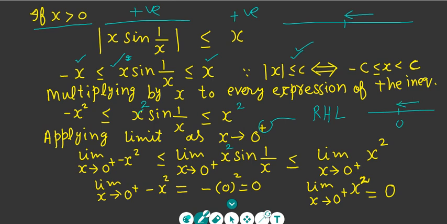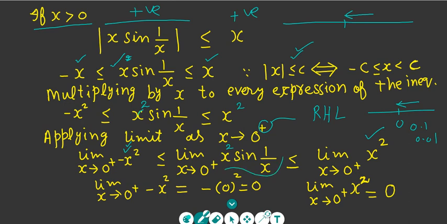This positive sign shows that we take values near 0 such as 0.1, 0.01. We are taking this limit. This is our smaller function, this is our greater function, and this is our middle function.